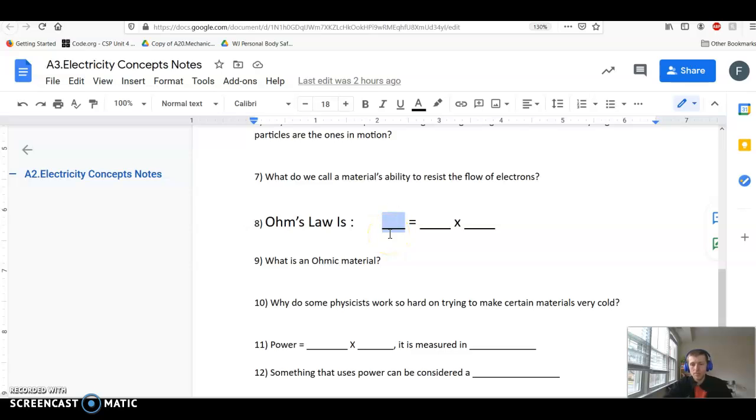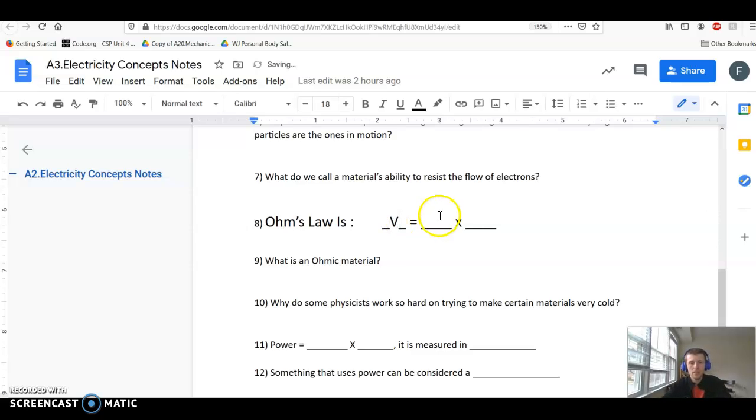Ohm's law is as follows. Voltage, V, equals current. We use I to represent current. I times resistance, R. V equals I times R. This equation is going to be foundational to everything we talk about moving forward. It's going to keep coming back over and over again. So you need to remember this.